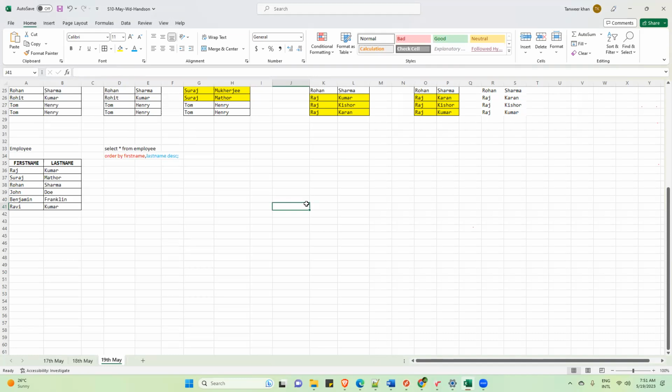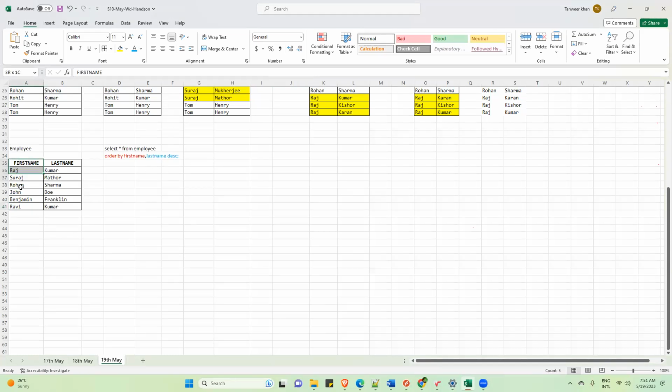Come on, guys, tell me. If there are multiple first names that are similar, if there is a conflict, then the engine will go to the last name column and sort in descending order.